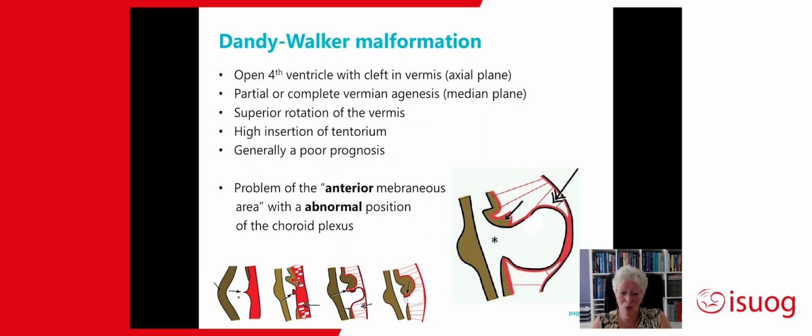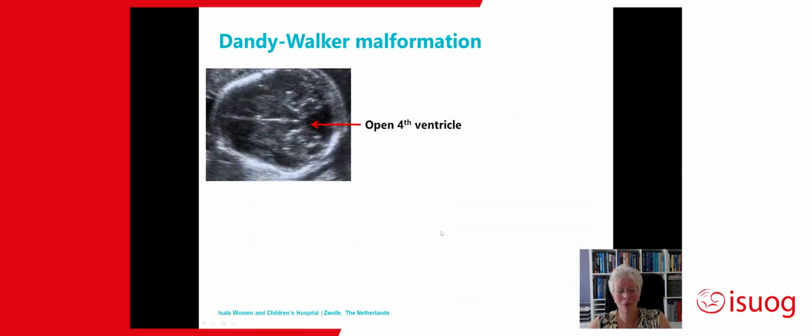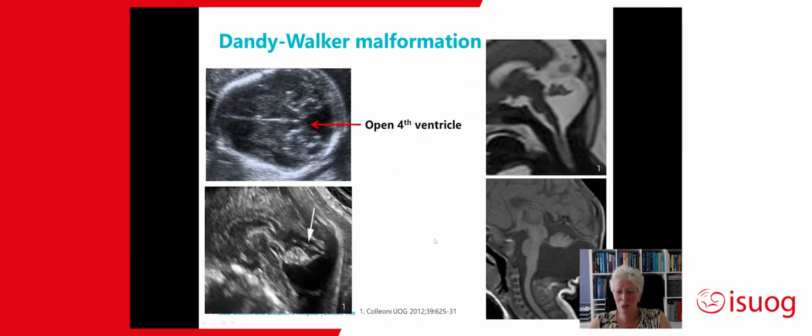And as I said before, this is a problem of the anterior part of the membranous area, this part over here. And here we have an abnormal position of the choroid plexus. What does it look like? Again, in the axial plane, we can see an open fourth ventricle. And in the sagittal planes, we can see that we have a superior rotation of an abnormal vermis.